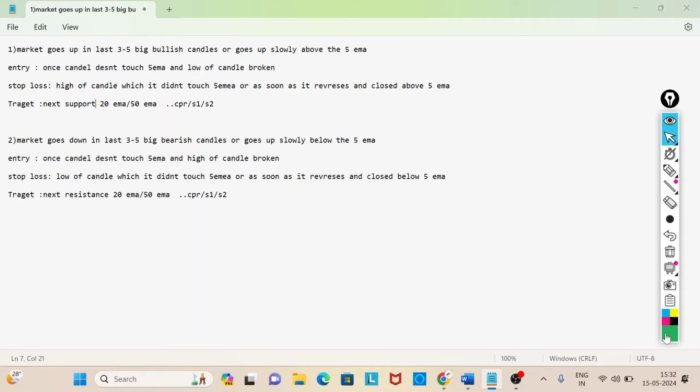Suppose the market goes like this, second candle, third candle, fourth candle like this, and then it forms one bearish candle, and our 5 EMA would be something like this. If it goes something like this, and it doesn't touch this candle.